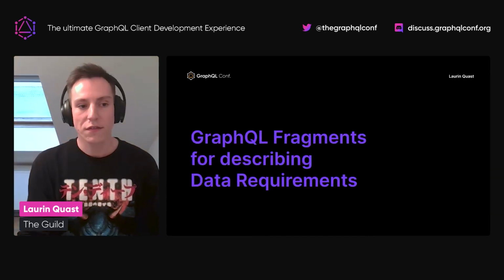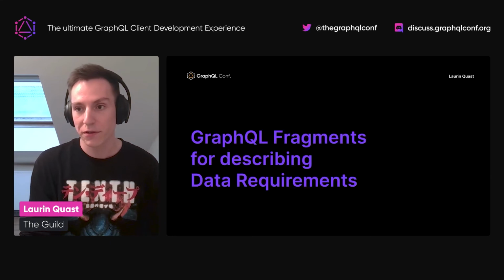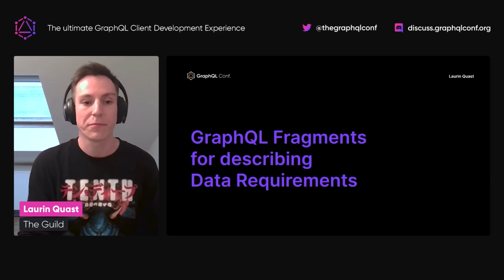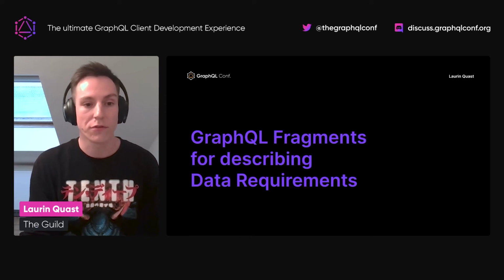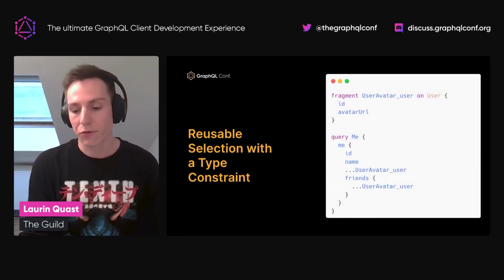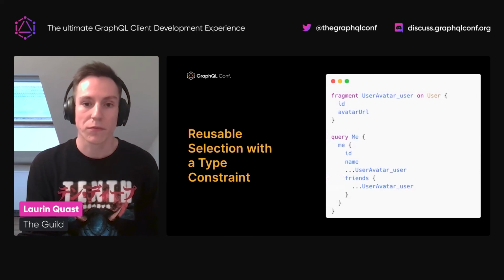So the last important thing that I want to talk about today is GraphQL fragments for describing data requirements, which in my opinion is a very, very underrated pattern that I actually saw very few code bases using so far. So let's give a quick recap of what a fragment actually is.